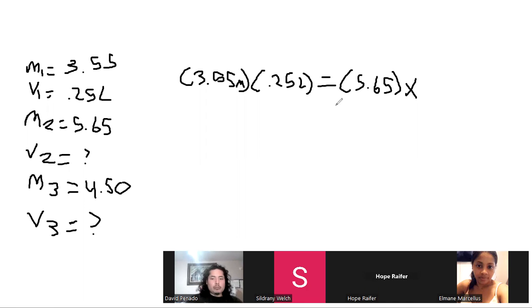Multiply. What are we multiplying? The 3.55 by the 0.25. Yes, you can always start there. That's the easiest way to start. I always recommend that way.